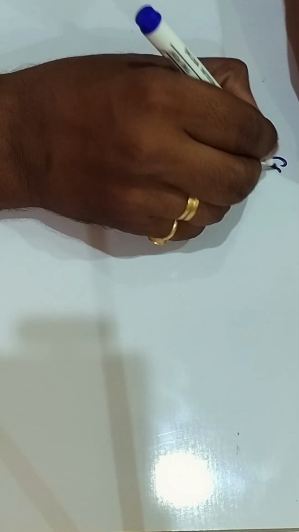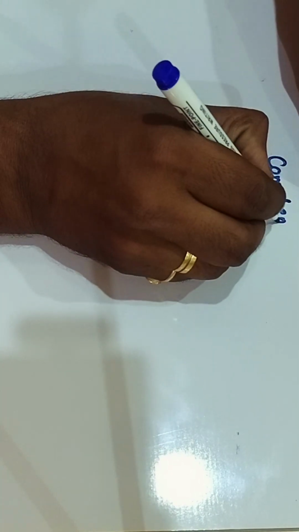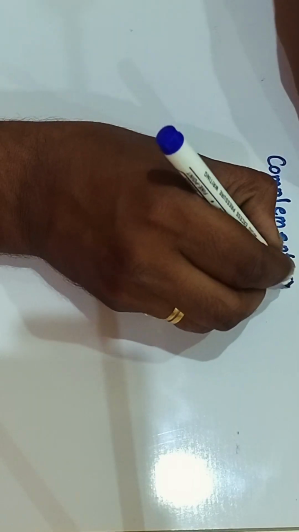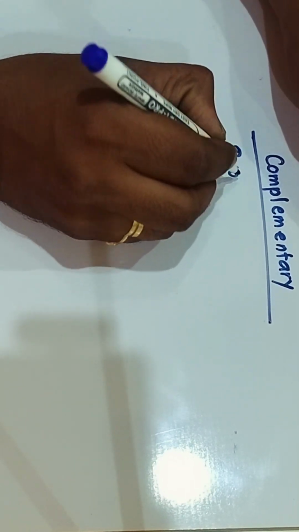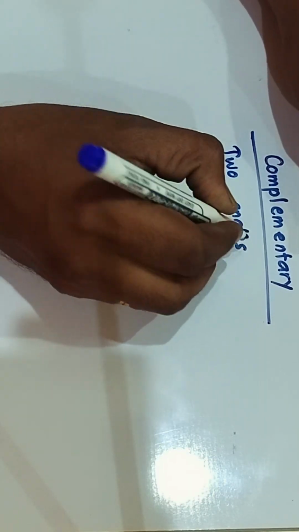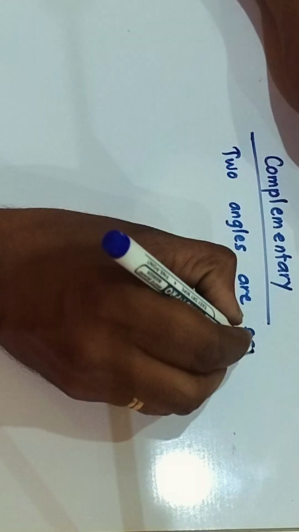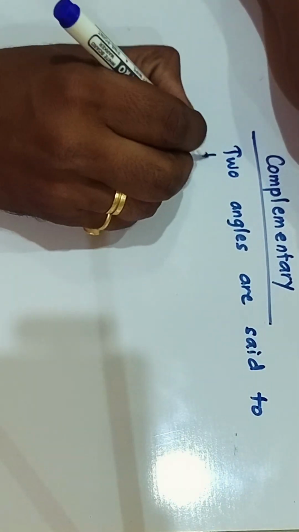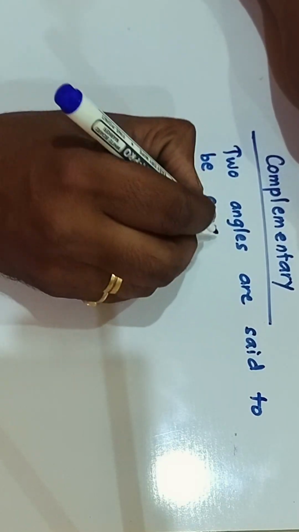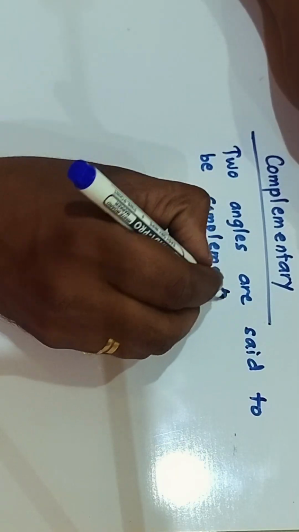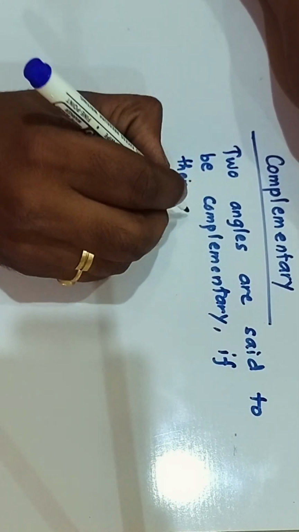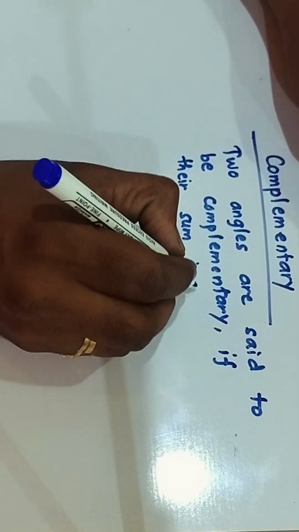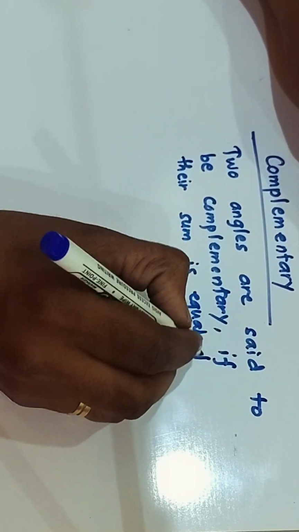Let's talk about complementary angles. What do you mean by complementary angles? So two angles are said to be complementary if their sum is equal to 90 degrees.